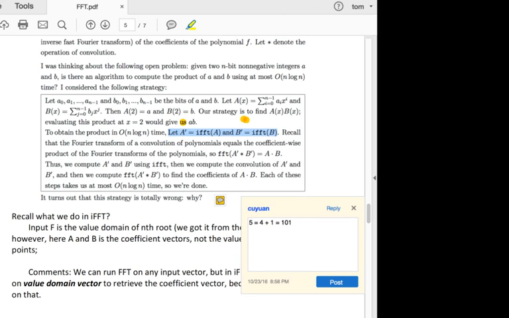So the polynomial a equals 1 plus 0 times x plus x squared. Here, this one is the last one. It's simply a binary representation.